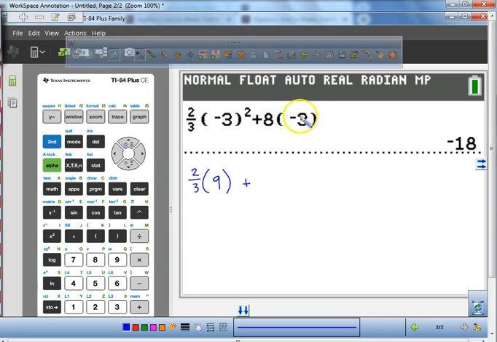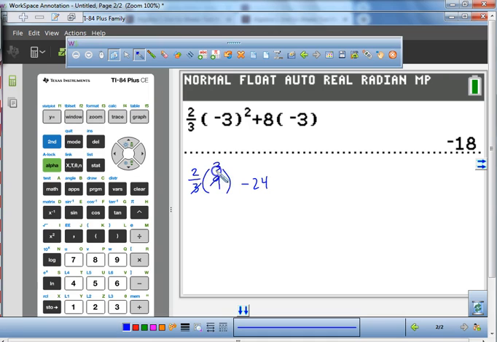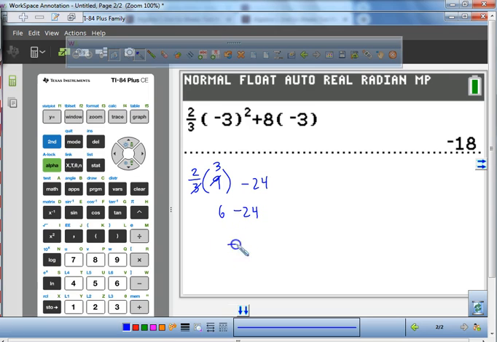Plus, what's 8 times -3? What's that going to be? Negative what? -24, okay? Now, 3 goes into 9 a total of 3 times. 2 times 3 is 6, and 6 minus 24 still gets you to what? A -18. That's how you would do it if you're just working it out by hand, okay? But you could just type it in the calculator.